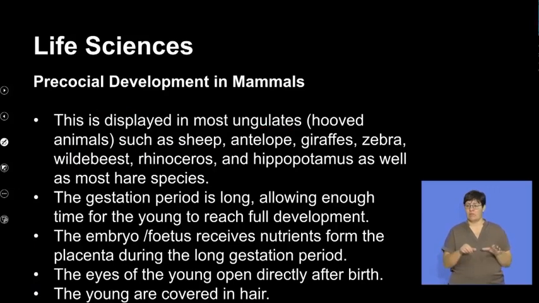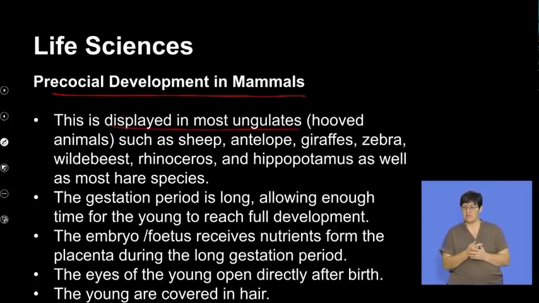So if we continue with precocial development in mammals, there are mammals that display this as well. These are seen in most ungulates, and these are your hooved animals such as sheep, antelope, giraffes, zebra, wildebeest, rhinos, and the hippos as well.